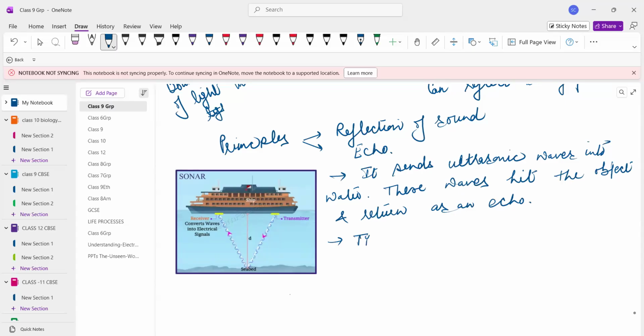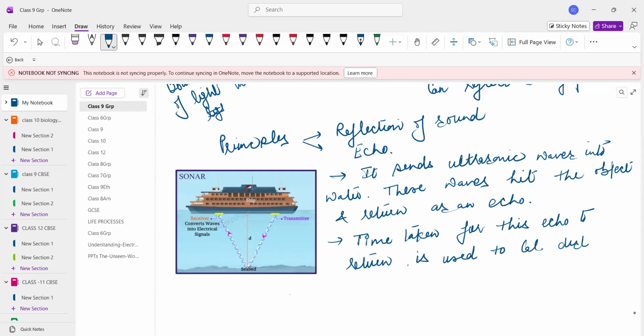The time taken for this echo to return is used to calculate the distance. Now it has two parts: one is the transmitter and one is the receiver.